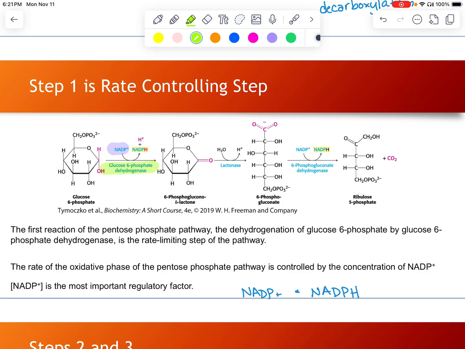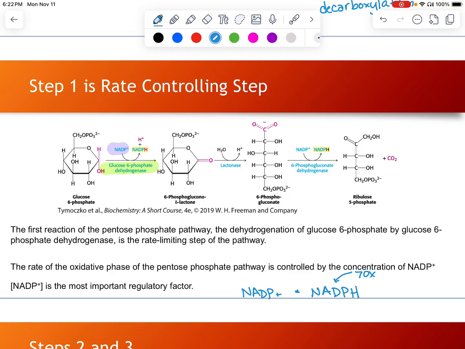So both of those can bond. In a normal cell, you have about 70 times as much NADPH as the NAD+. Okay, NADPH is used in biosynthetic processes. It's an important metabolite, so we typically have a lot at the ready.